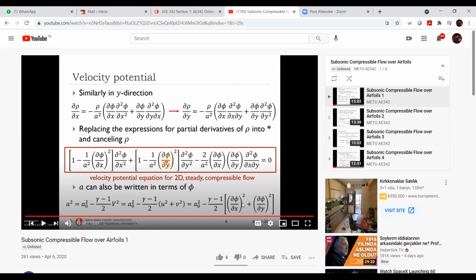That equation was also only a function of phi, a function of the velocity potential, but it was much simpler compared to this equation. Does any of you remember that equation? And whether it was a linear or nonlinear equation? So I will let you think for a second.